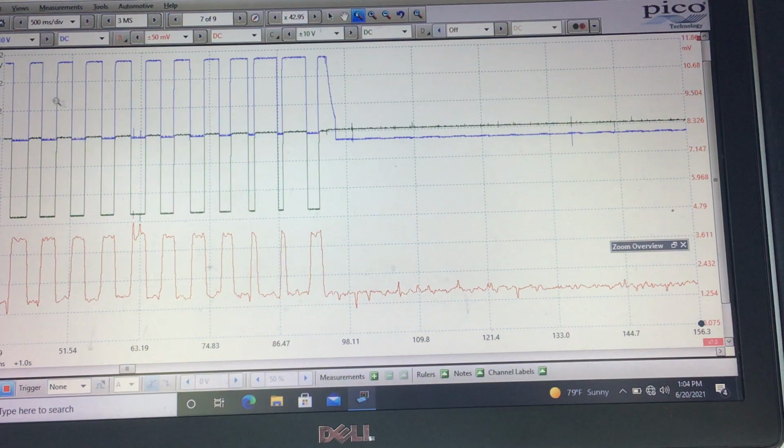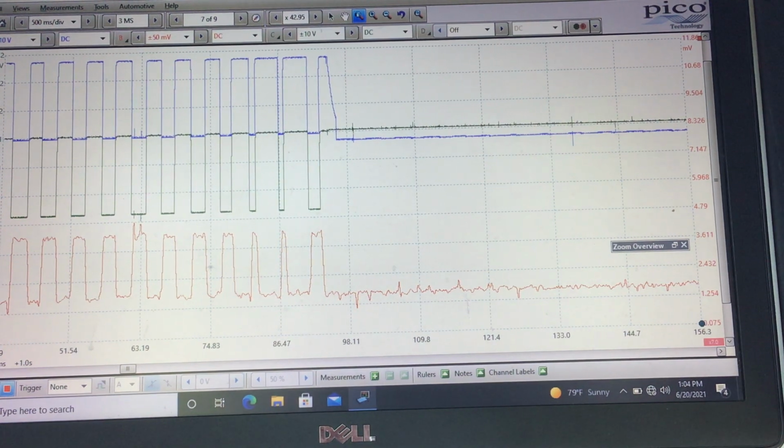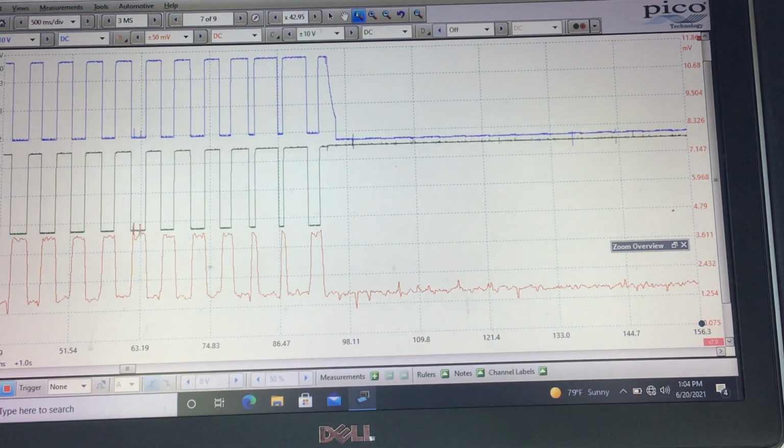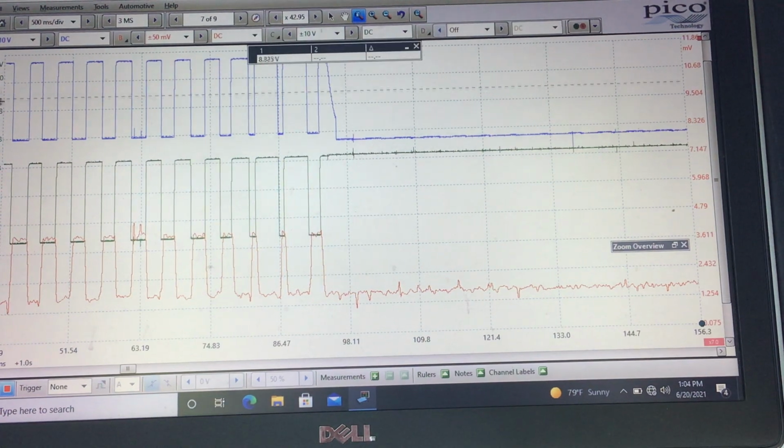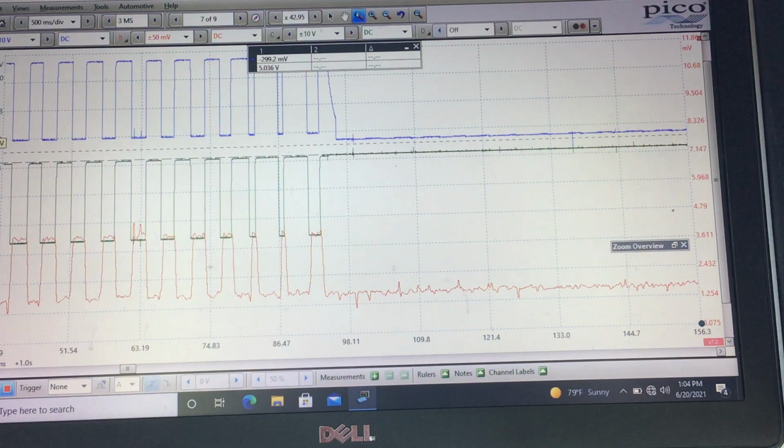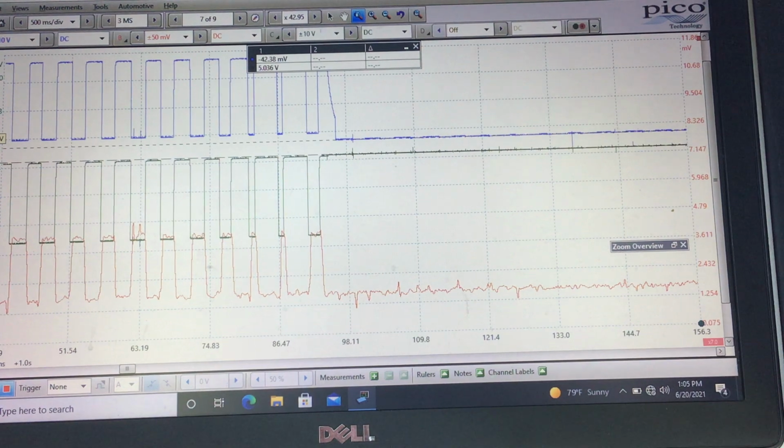But yet our voltage at the PCM has the 5 volts. Obviously, that's where it's coming from. So it can push the voltage, but the circuit is open, so current will not flow, and the alternator goes low, as you can see right there, to about 42 millivolts, but that's low.